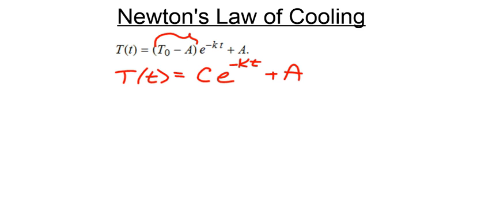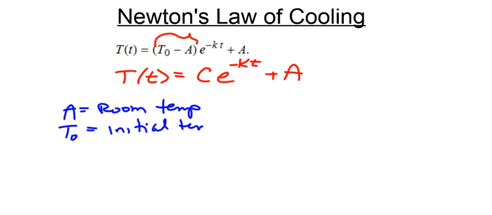So when talking about Newton's law of cooling, we usually have A, which is the ambient temperature, or the room temperature or surrounding temperature or whatever you want to call it. They call it A for ambient temperature. And then we also want to have T naught, which is your initial temp of the item, whatever it may be.